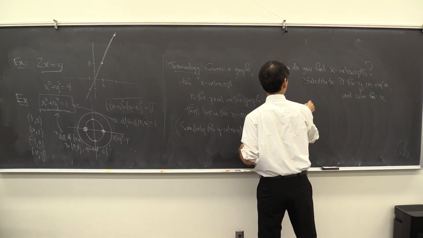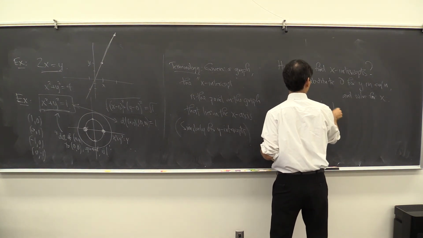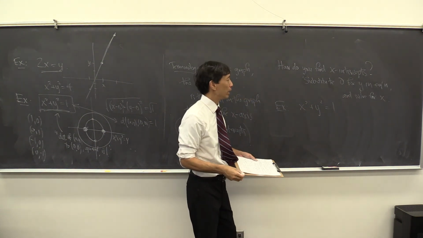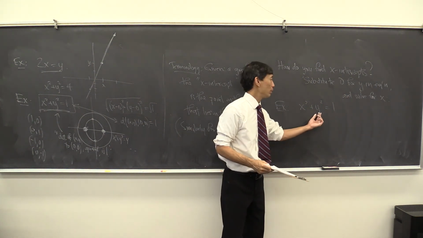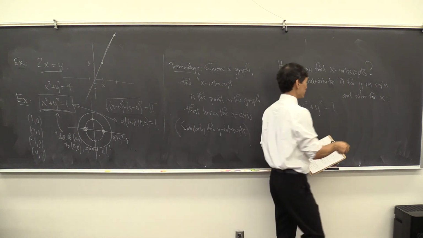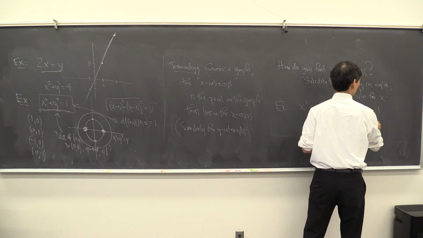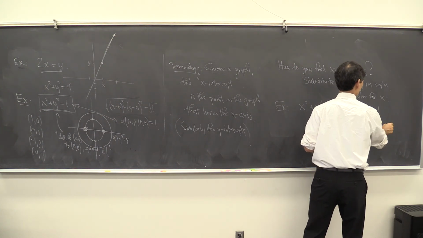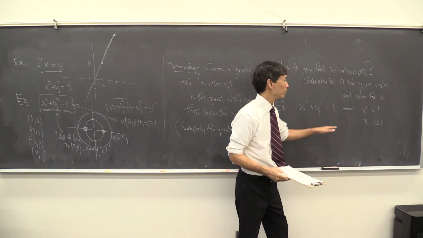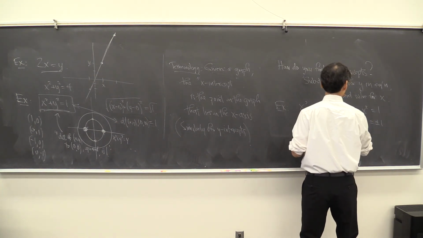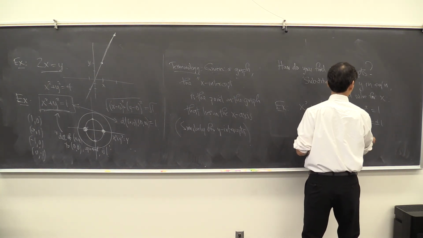Right, so over there, x squared plus y squared equals 1. You'd say, well, how do I find the x-intercepts? Y is going to be 0, so you get x squared equals 1, which tells you that x is plus or minus 1. Right? X could be plus or minus 1, y is going to be 0. So you know your x-intercepts are plus or minus 1, comma 0.